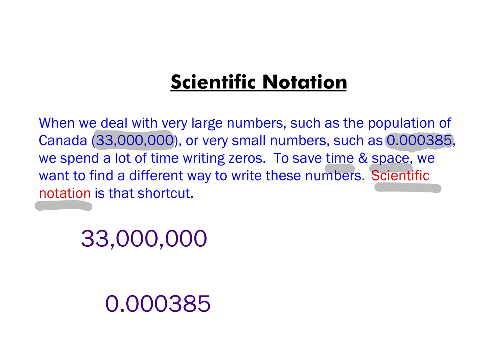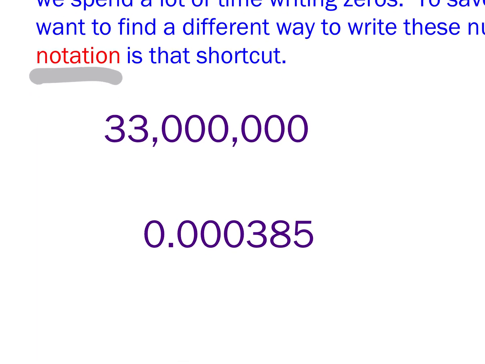These numbers are either really, really massively big numbers or really, really massively small numbers. And in order to make that easier to write out, scientific notation is a nice shortcut. So, here's how we would write both of these numbers in scientific notation.